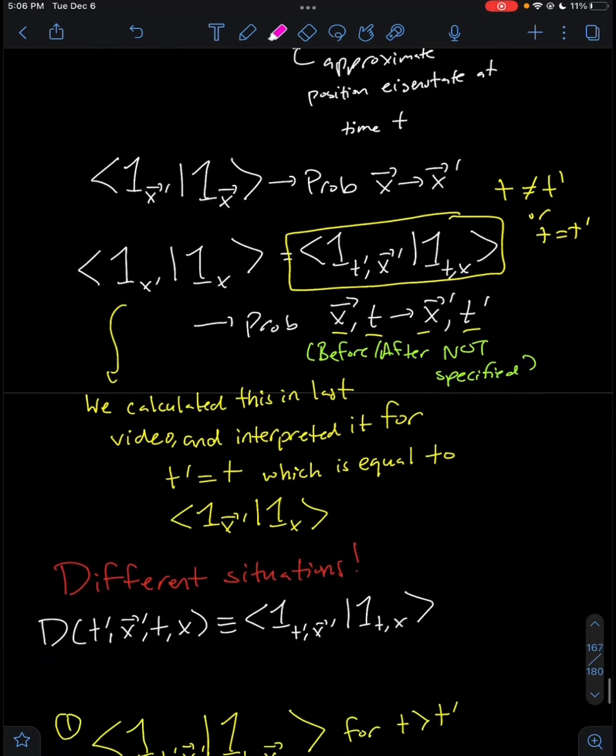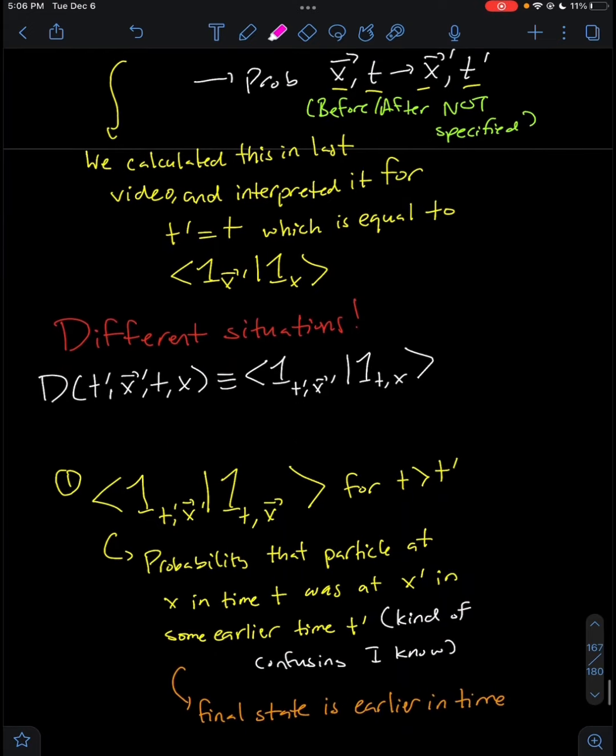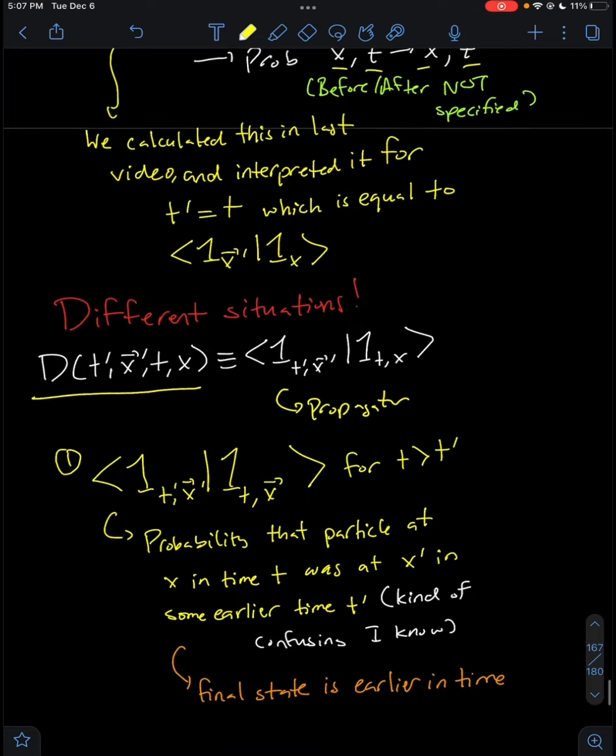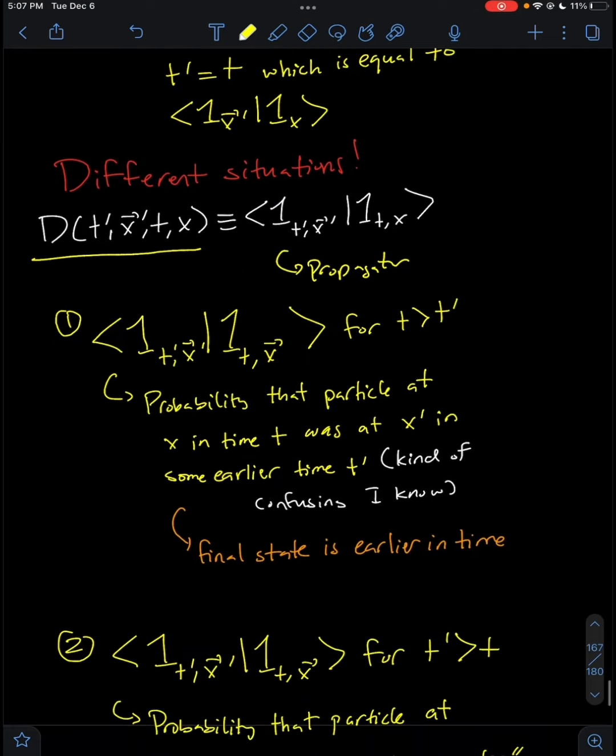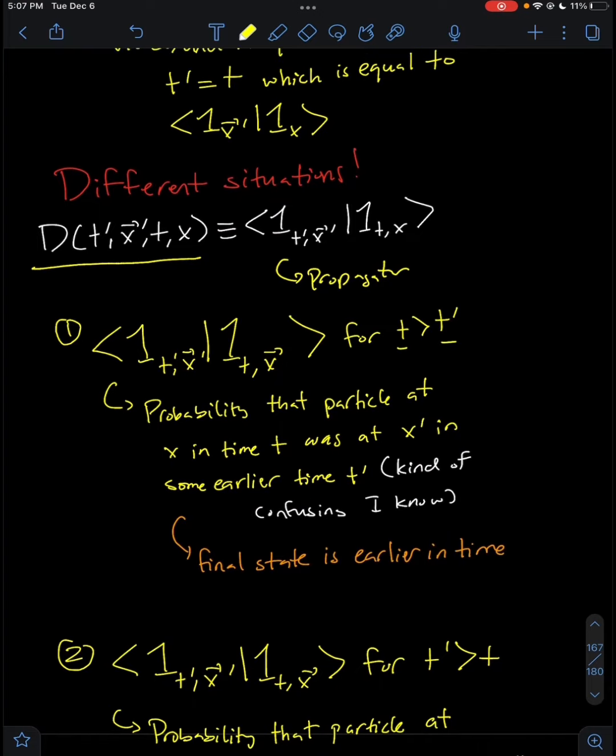So now we can consider different situations here. Again, this over here is called the propagator, and we can use this shorthand notation for it. If we let t be greater than t prime, this tells us the probability amplitude that a particle at x in time t was at x prime at some earlier time t prime.